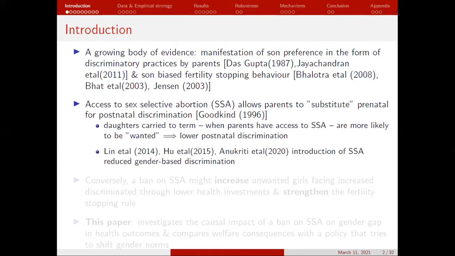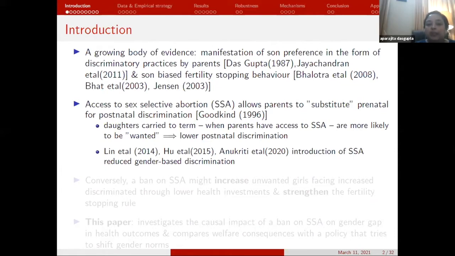So there's a body of evidence on this theory, which has found the relationship between access to sex selective abortion and reduction in gender based discrimination from across the countries.